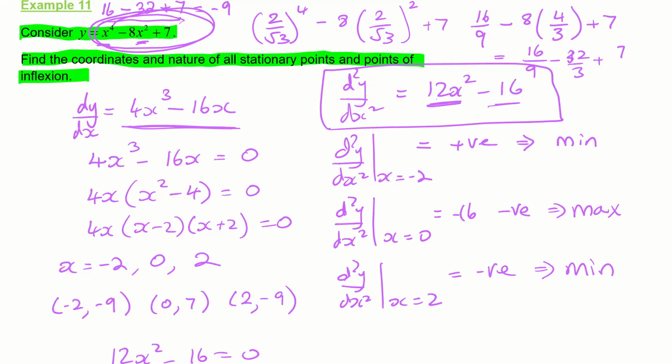So 16 on 9, take away 96 on 9, add 63 on 9, gives us negative 17 on 9.